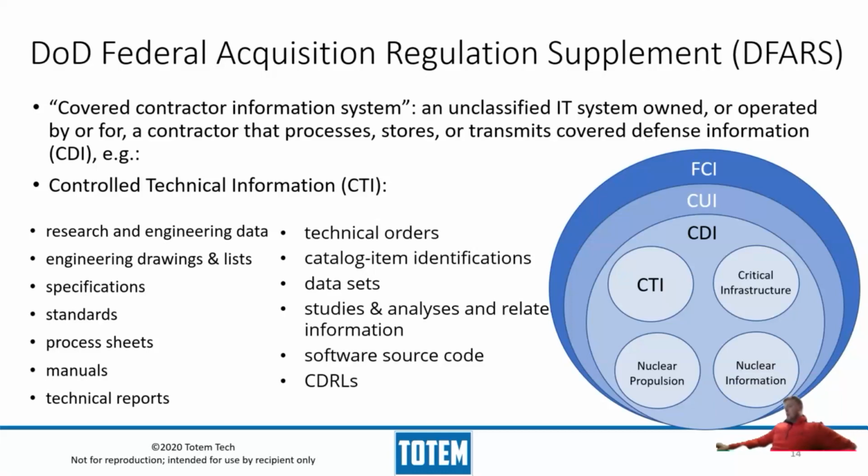So this can be a wide variety of things. Here's a few examples that you can see here on the screen. It can be anything from research and engineering data, different drawings, specifications, process sheets, manuals, technical reports, data sets, all sorts of things. It is supposed to be called out to you what you are to protect.